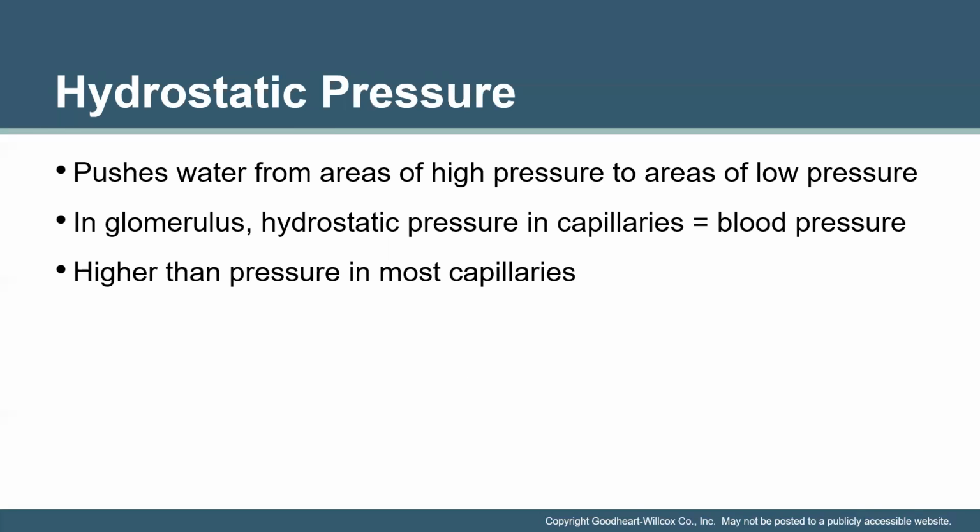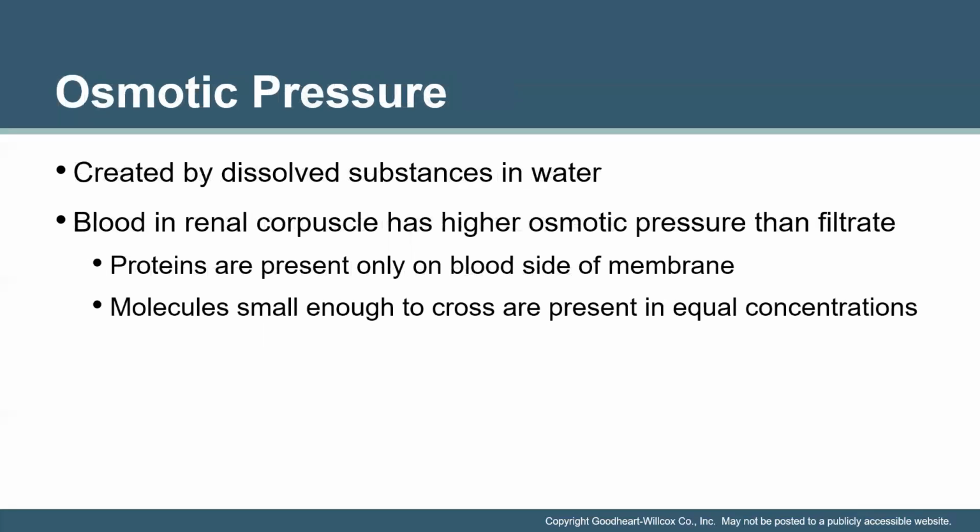So the hydrostatic pressure is something that will push water from an area of high pressure to areas of lower pressure. When it's in the glomerulus, the hydrostatic pressure in the capillaries will equal the blood pressure. It will be higher than the pressure in most capillaries. When we're talking osmotic pressure, this is created by the dissolved substances within water.